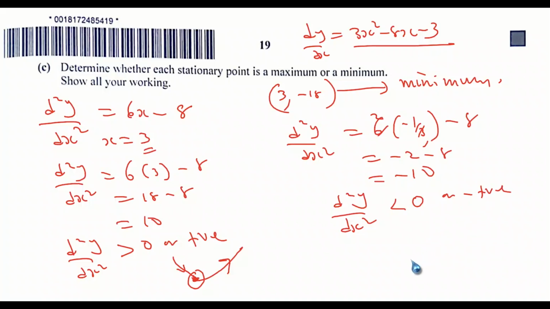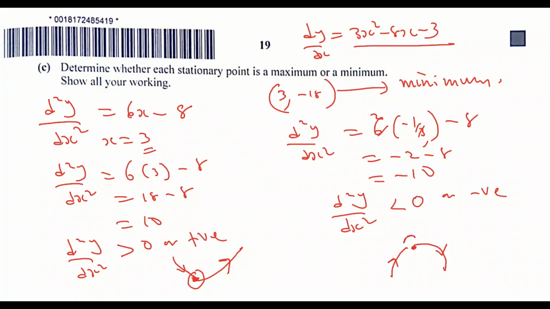So this means that after the stationary point, it is decreasing. That's the meaning of negative. Okay, sorry, this should be negative. Yeah, so it is decreasing. So that means before it got to the stationary point, it was increasing.